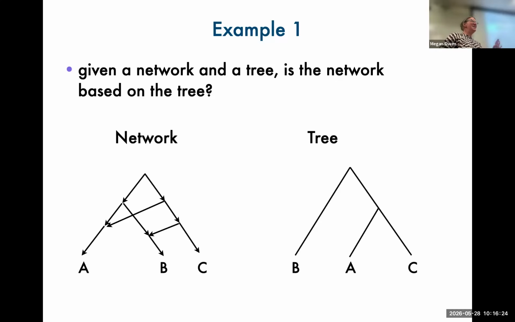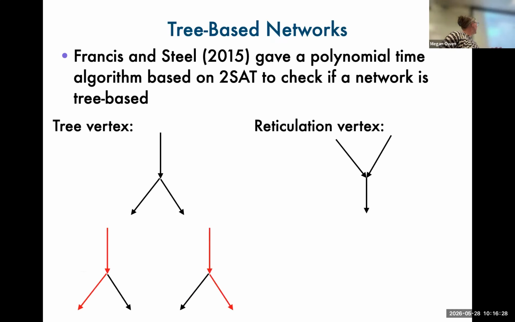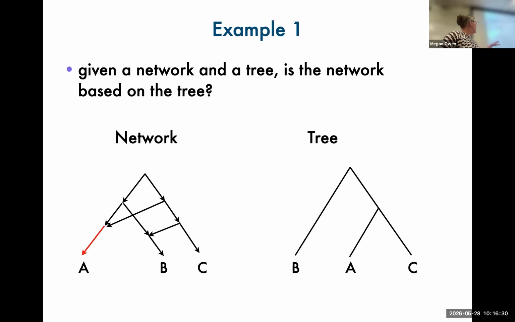At first glance, it seems like you should be able to do it. You can say, maybe I can build up from the base of my network to follow my tree. I know I need all of these edges in my tree. The red is the tree I'm trying to build up.